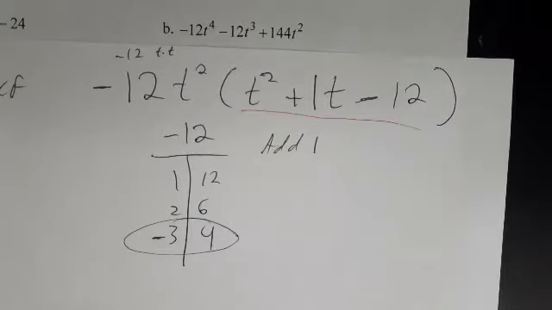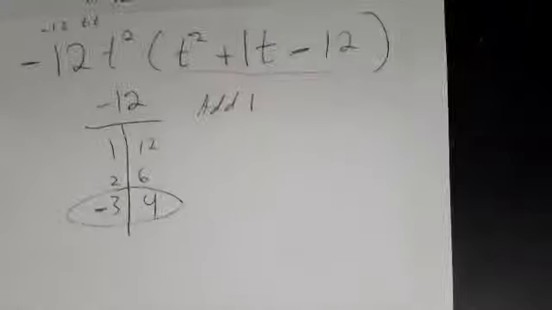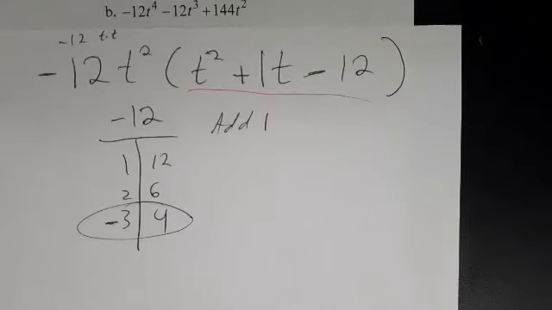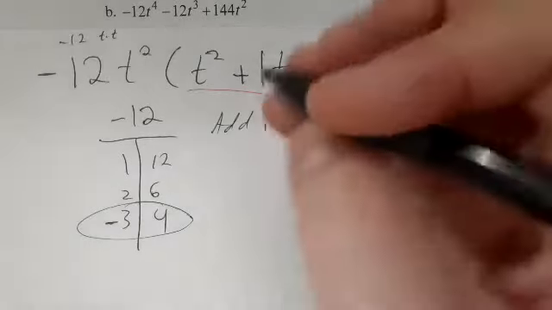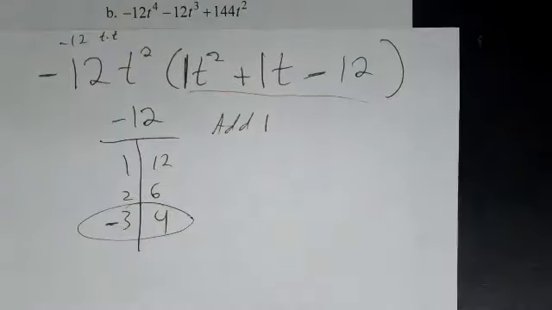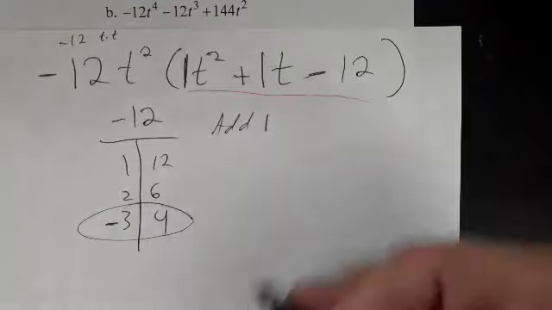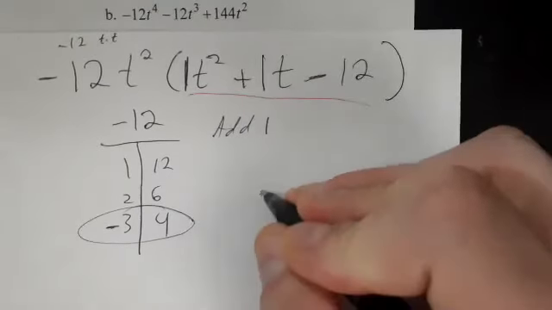Okay. So there are a few different ways to do this. If you do the box method, if you split that middle term apart and factor by grouping, that's good. But I want to save a little bit of time. And what I want to do is I want to look at this. And it has a 1 coefficient in the A spot. So if I factor this, and if you do the box method or factor by grouping, you should get the same thing.